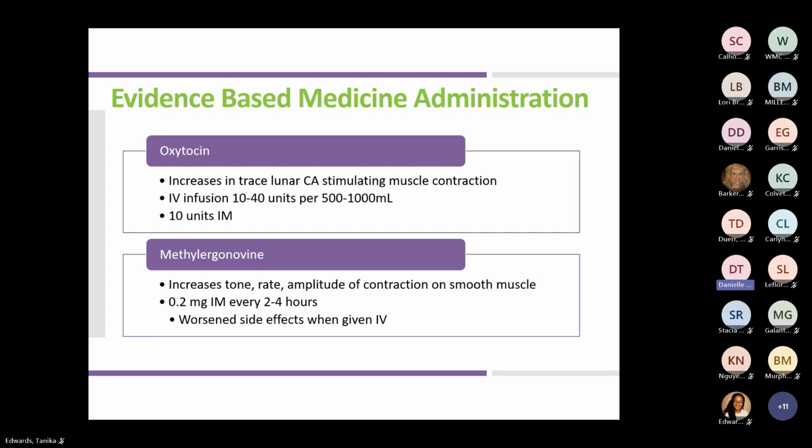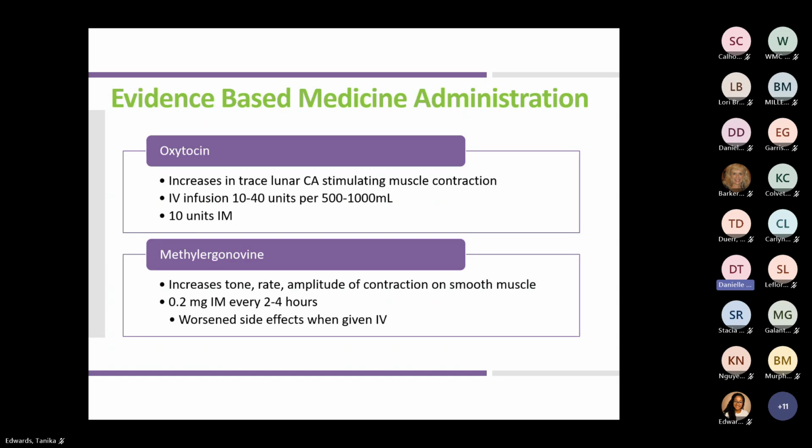You also have the ability to give Methergine. Remember that, as well as increasing tone of the uterus or the womb, it increases the rate and contraction amplitude to help give that force to contract down the smooth muscle to help with bleeding cessation. It is also given IM. You can give it every 2 to 4 hours. And remember, the biggest concern with it is if someone has a high blood pressure history or currently has preeclampsia, we don't want to give it and further exacerbate that issue.